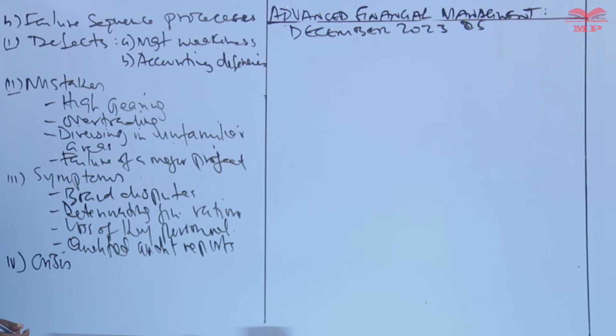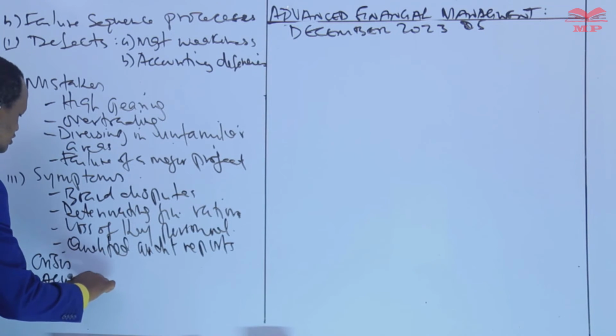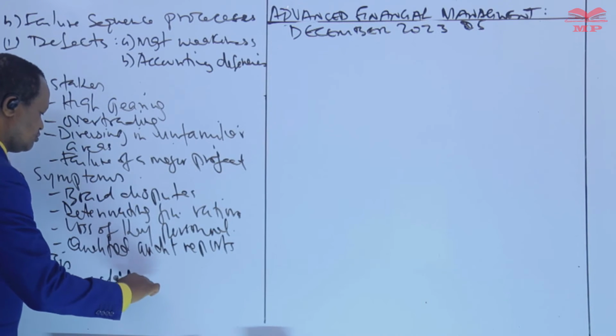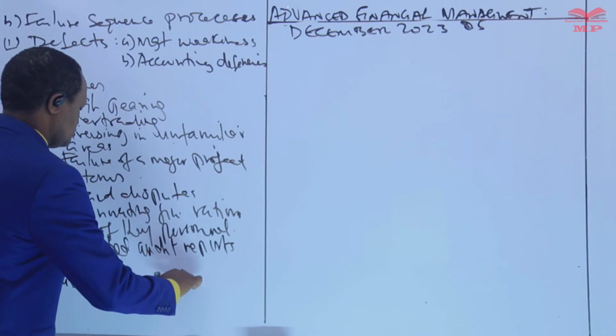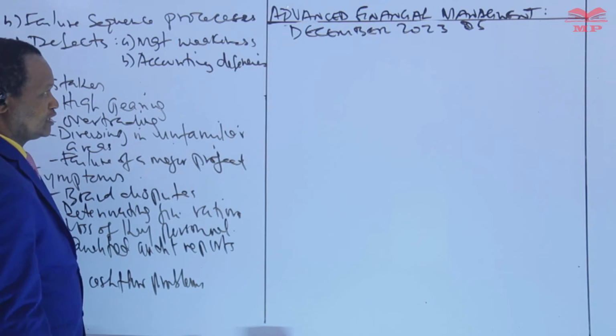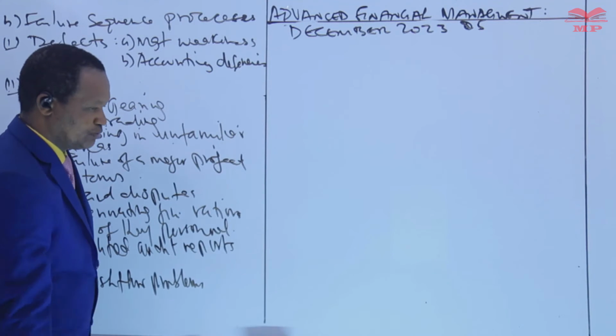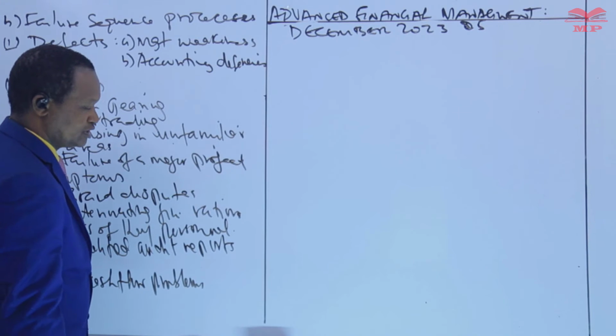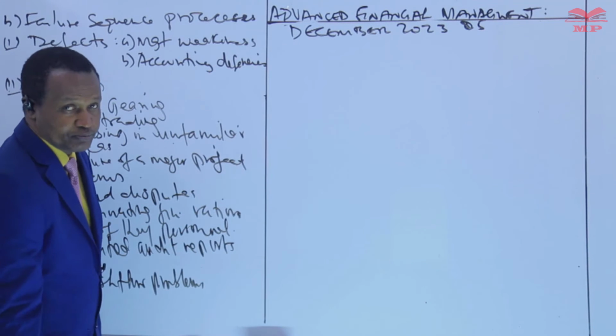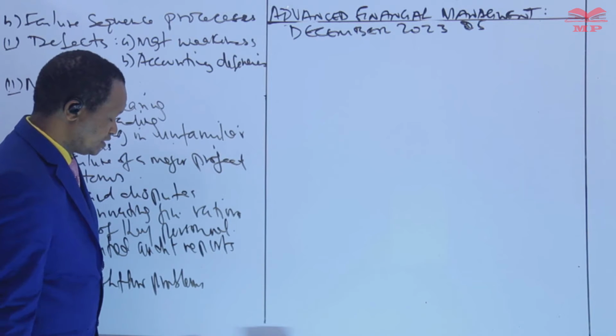This is another stage that is characterized by acute cash flow problems. You start hearing the company is unable to pay the creditors. The company is unable to pay employees. Employees have not been paid for 9 months.